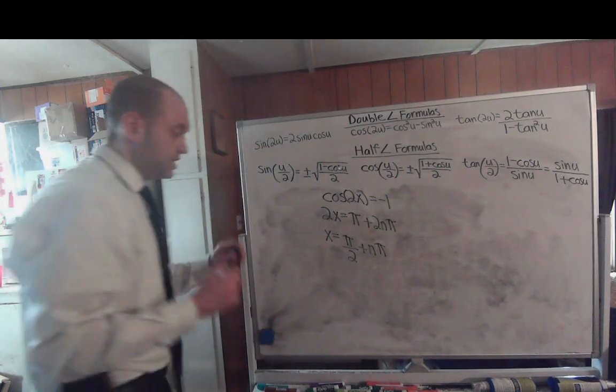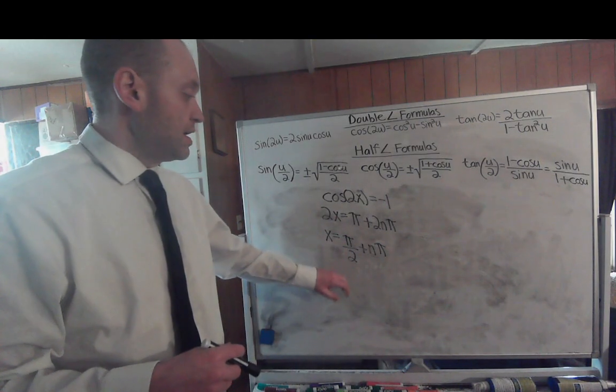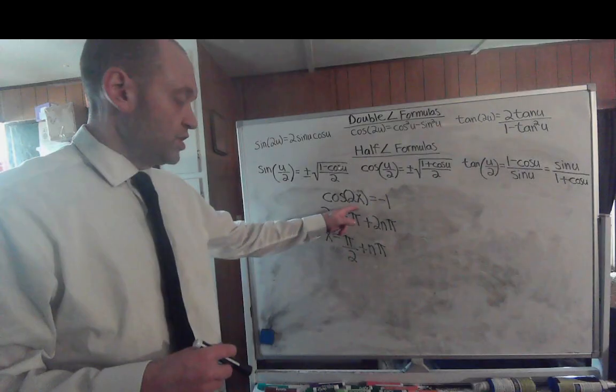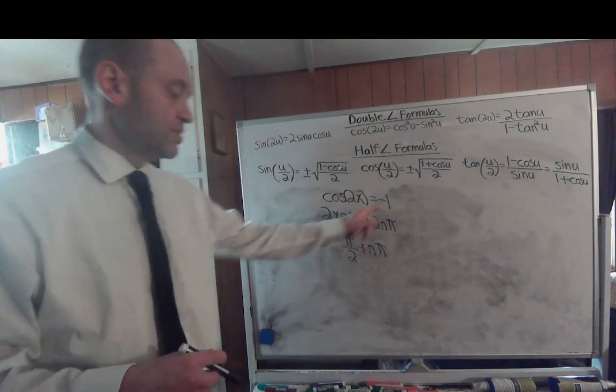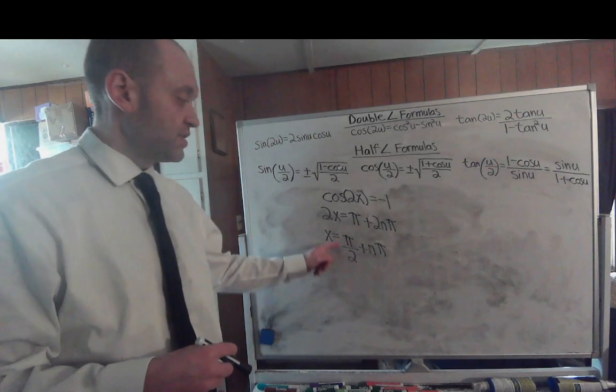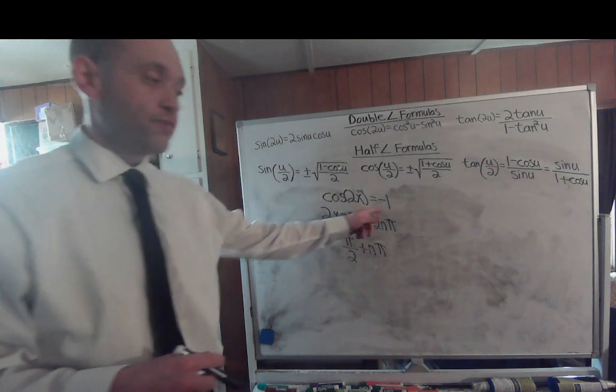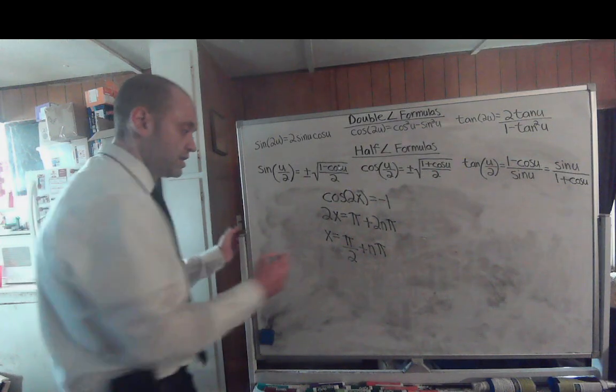And I guarantee you, if you put pi over 2 for n being 0, you would get the cosine of pi equals -1. And if you put in 1 for n, you would get the cosine of 3 pi over 2 times 2, which would give you the cosine of 3 pi. That would equal -1.